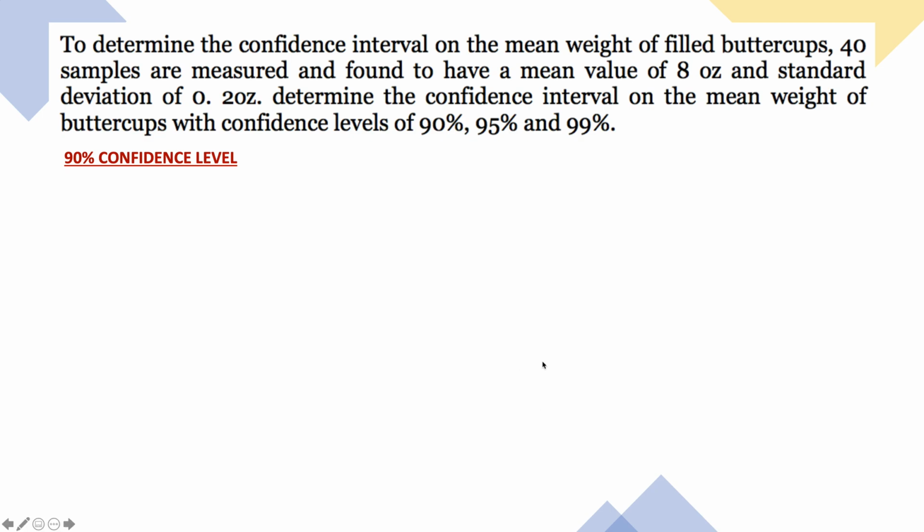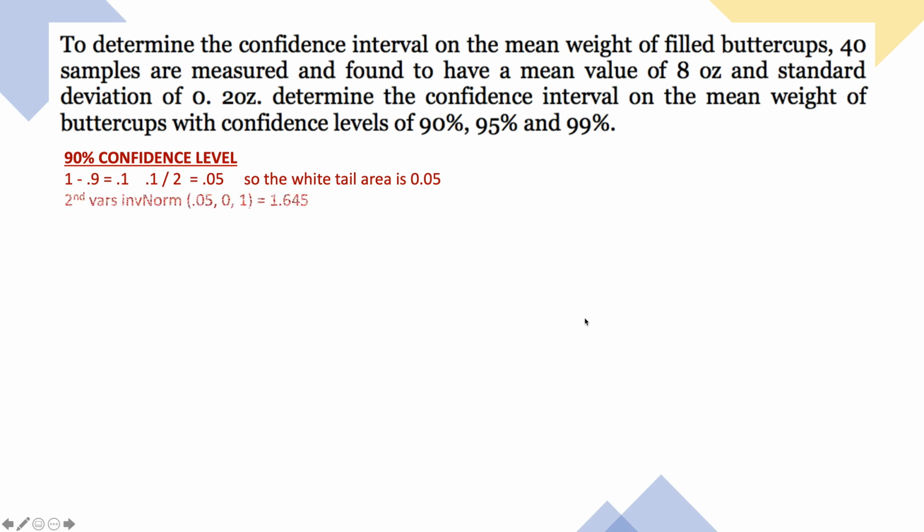For the 90% confidence level, the first thing I have to do is find the white tails. That would be 1 minus 0.9, which is 0.1. Then I divide 0.1 by 2 for each of the 2 tails, and I get 0.05. So that white tail area is 0.05. What do I have to do next? The next thing is to figure out the z-score associated with that half white tail area.